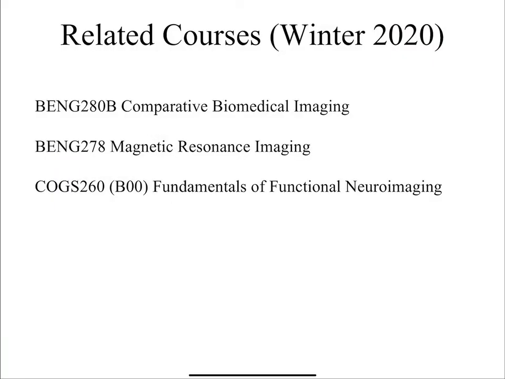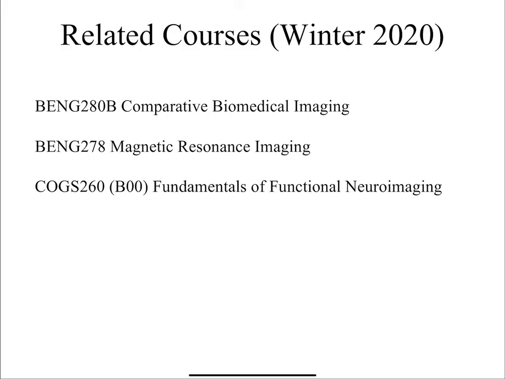So with that, we're going to stop a little early. I'm going to go over some things, and then we'll have office hours later. I did want to mention that there are a few classes being offered in winter 2020 that may be of interest to some of you. The follow-up course to this course is 280B, which is comparative biomedical imaging. It's going to be renamed Principles of Medical Imaging starting next year, I believe.